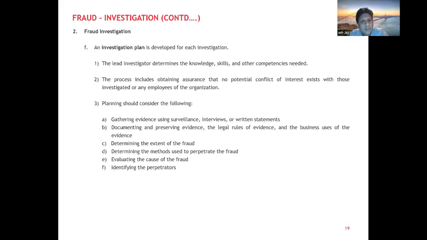So you will have a declaration that needs to be made at the outset, and once that is done, you can commence your forensic audit planning.